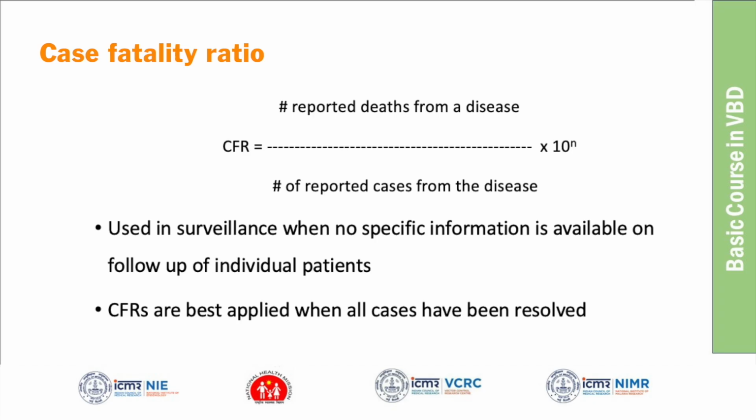Similarly, this case fatality ratio is now being widely used for COVID because we do not have individual line list and follow-up data of each individual at a national level, but we do have the total number of reported deaths and total number of reported cases. So in surveillance settings, we use case fatality ratio. If you have individual follow-up data, you can calculate case fatality proportion. Whatever you calculate, case fatality always helps you look at how severe the disease is. For example, for a disease like Ebola, the case fatality rate is very high, whereas for another disease like H1N1, the case fatality is not so high.